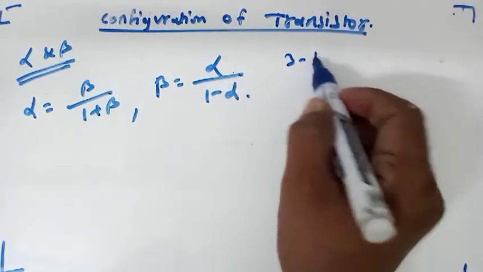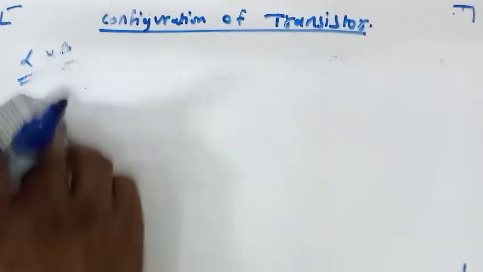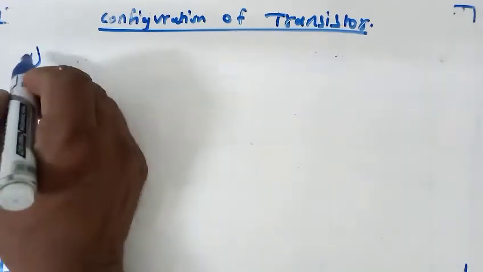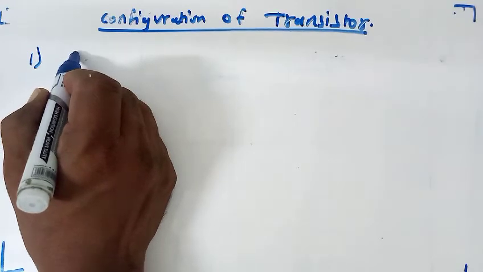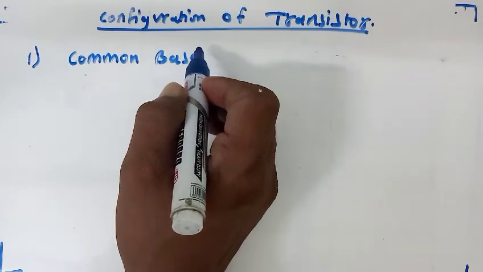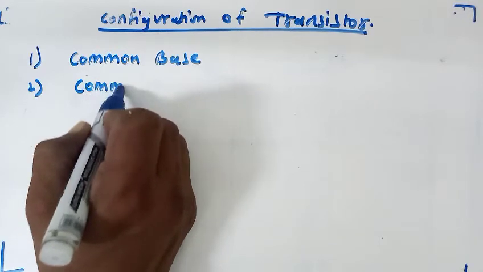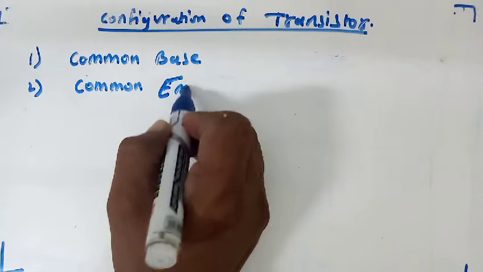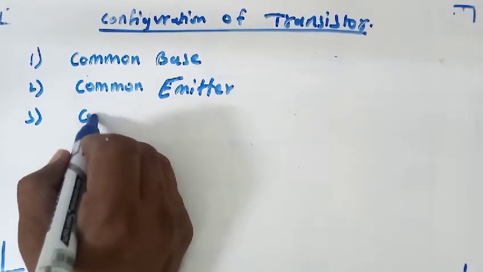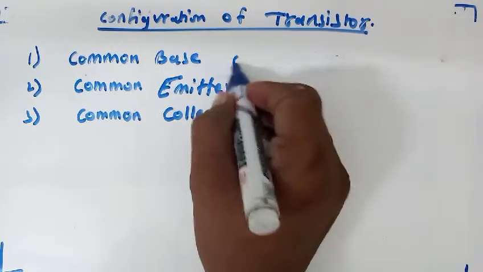The three types of configurations which we have to study in this transistor are, first, common base, which you will call CB; second, common emitter configuration; and third, common collector configuration.